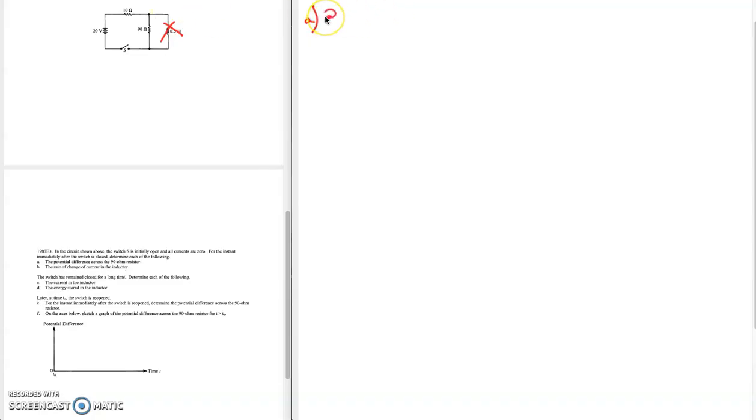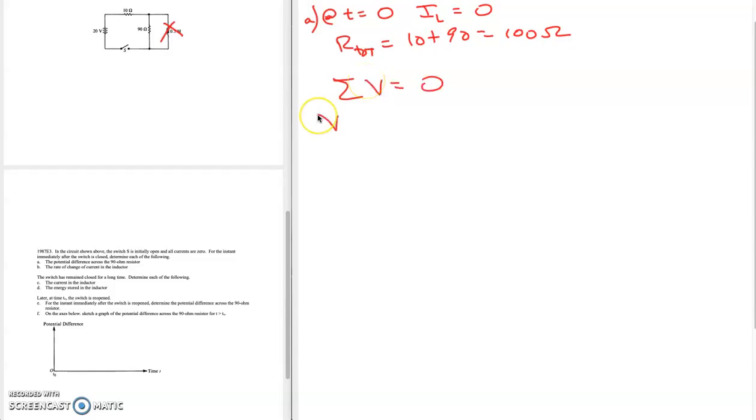So again, just the instant after the switch is closed, at t equal to 0, I of the inductor is equal to 0. And what we have is our total is going to be 10 plus 90 equals 100 ohms. And using the Kirchhoff loop rule, we will have voltage of the battery minus voltage of the 10 minus voltage of the 90 equals 0.